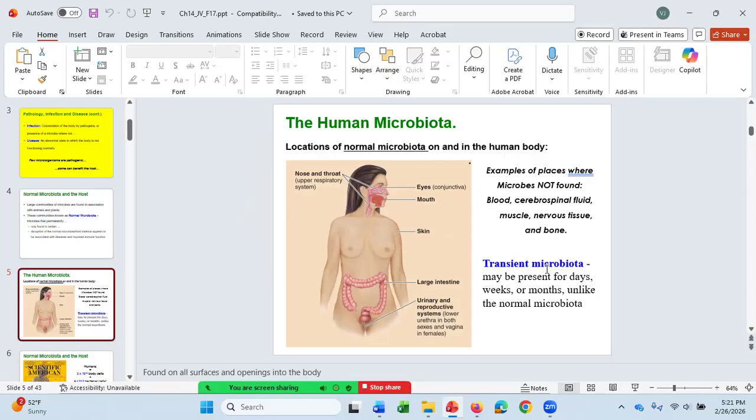I have a story about a transient microbiota. My aunt had a Staphylococcus aureus skin infection, and she was receiving medication for it. We went to visit her, my mother and I, and she insisted on hugging us, which was fine.